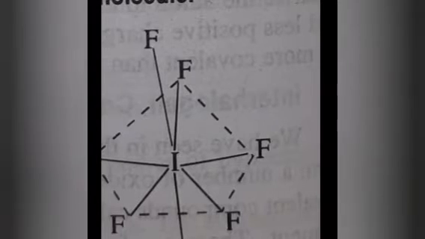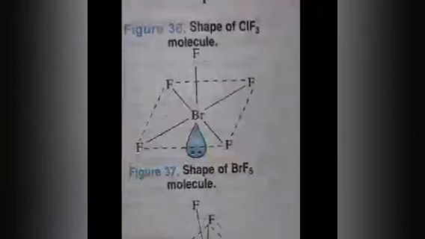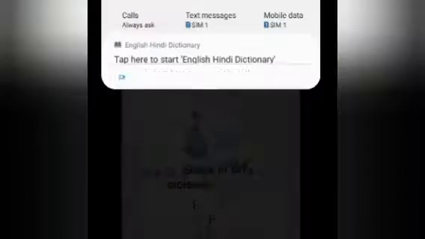Iodine atom has 7 electrons in the valence shell and 7 contributed by the 7 fluorine atoms, and its shape is pentagonal bipyramidal. So by this we got to know about these three structures, as all three have 7 valence electrons. So thank you and have a nice day ahead.